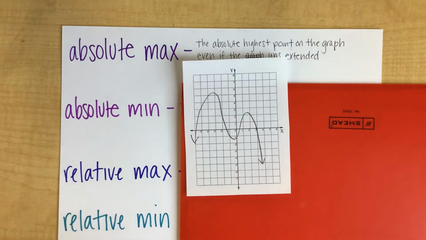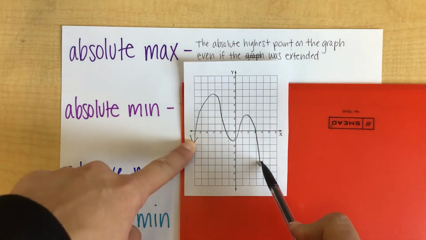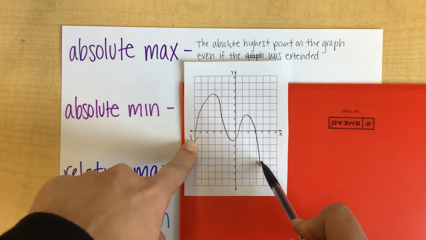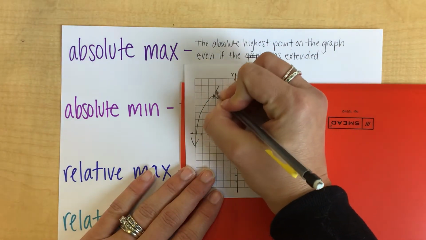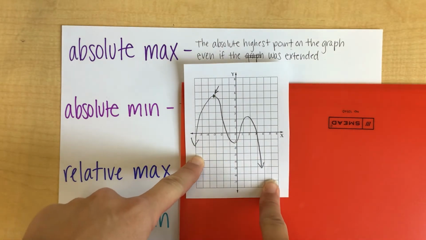So let me show you an example. On this graph here, notice both of my arrows, both the ends are going down. So that means my graph will never ever go back up, okay? So this point right here is the absolute highest place on that graph because the graph will never turn back up. The arrows are pointing down, so they'll never go back up.